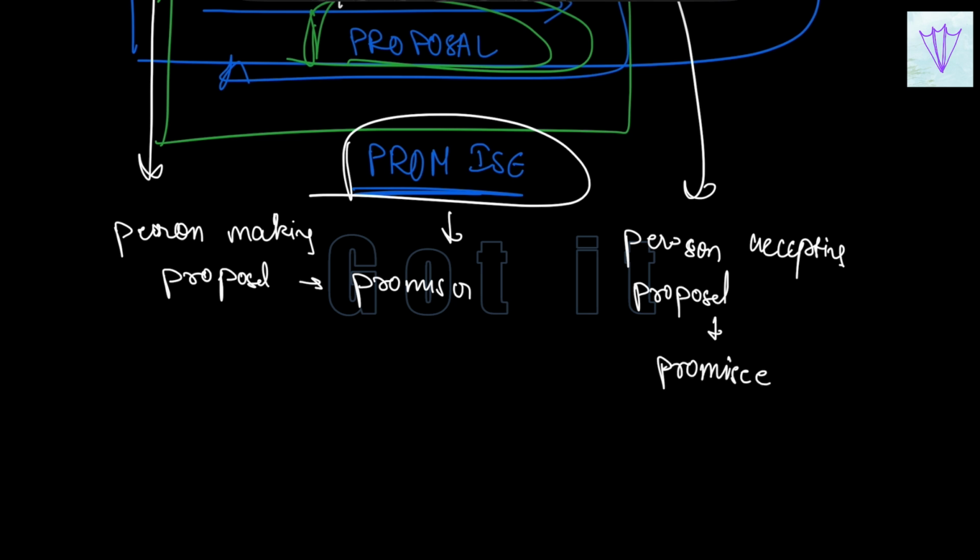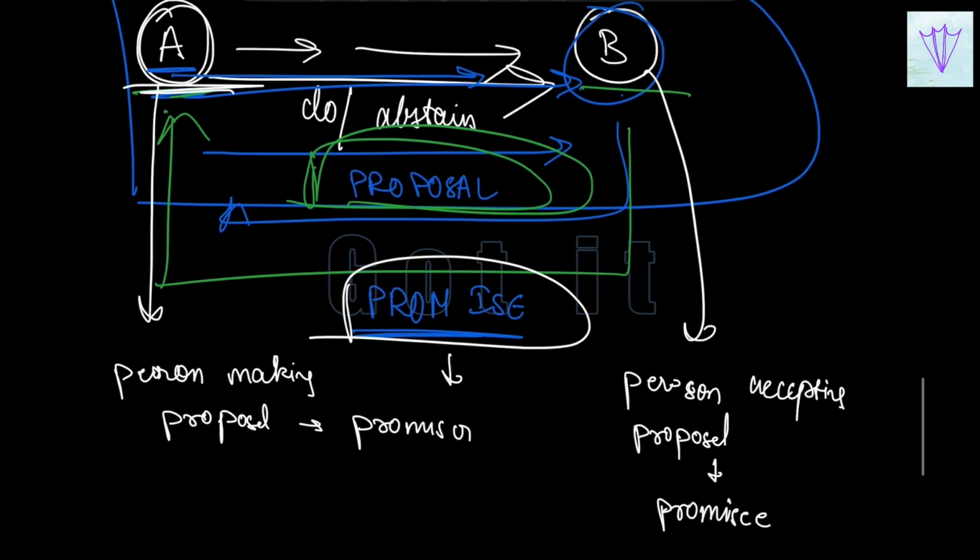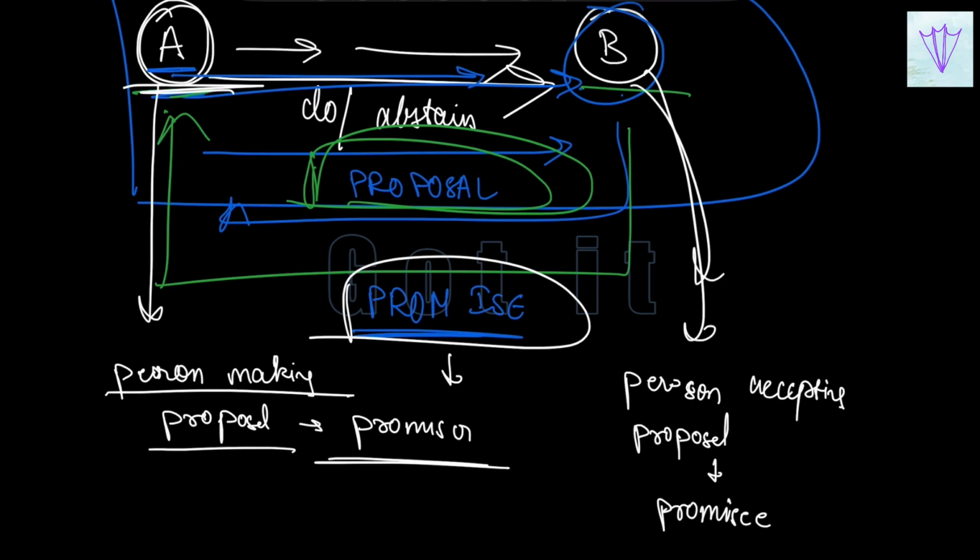These are important to remember: A has become the promiser because he made the proposal, and B the promisee because he accepted it.